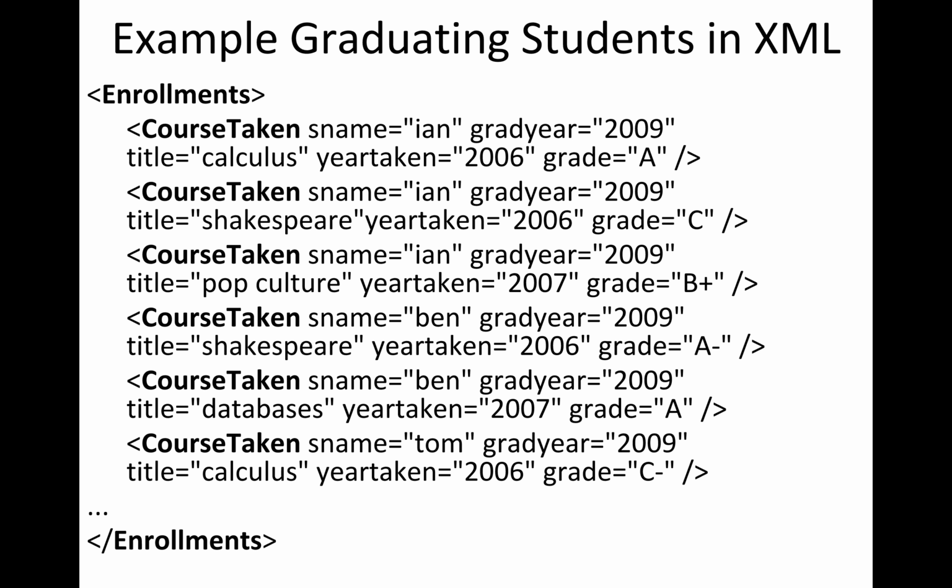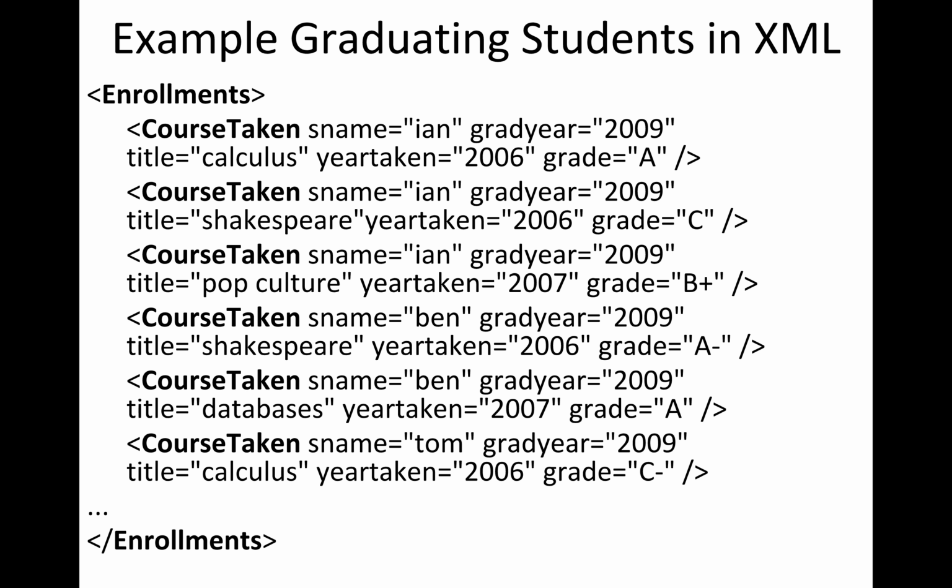Here is our own proprietary representation of various courses and the folks enrolled in different courses. We have elements that represent the enrollments here. You have an opening element and a closing element, and then you might have several instances of different courses that were taken.